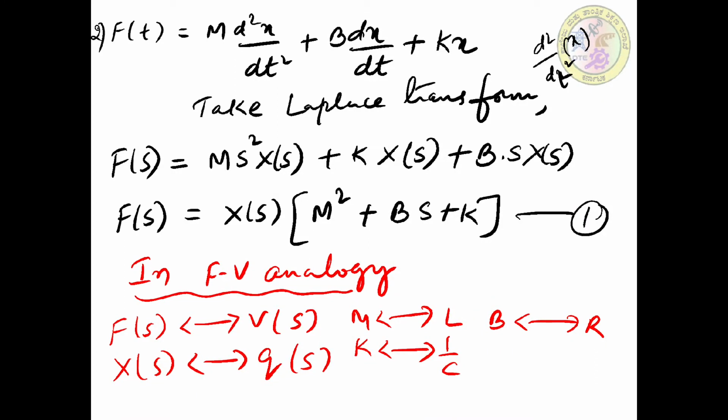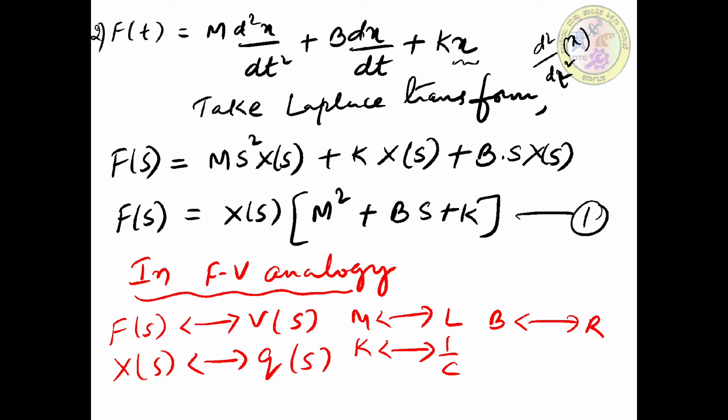Similarly, plus k into X of s for the spring element, since the Laplace transform of small x is X of s, plus for the friction element, b is constant, so the Laplace transform of dx by dt is s into X of s.